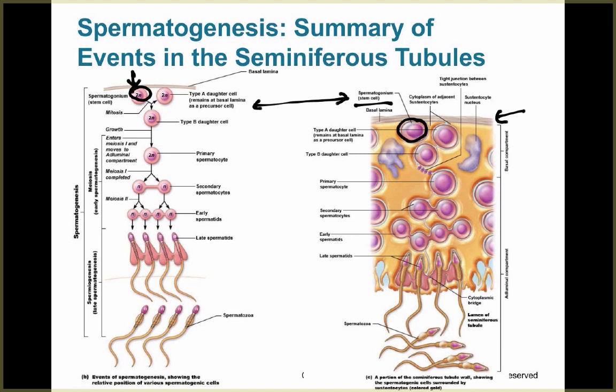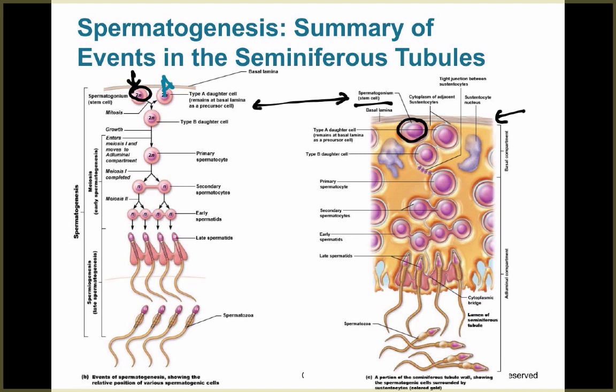Now, this whole process, or spermatogenesis, essentially begins at puberty. It doesn't happen early on in life. And basically, this starts with the spermatogonia, right? Again, these are stem cells. And so what happens is when you become daughter cell A here, you remain on the basal lamina, and you are going to end up being a germline. This is how they keep constantly being able to have those cells, because the cells will get old.